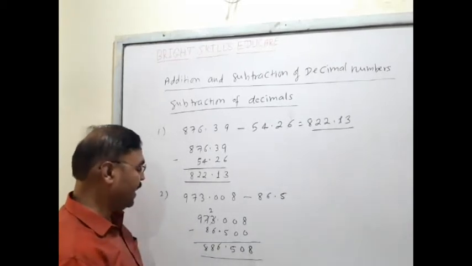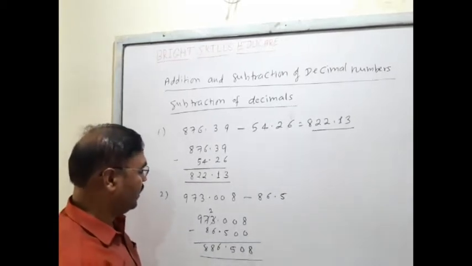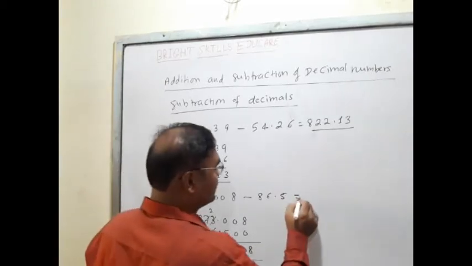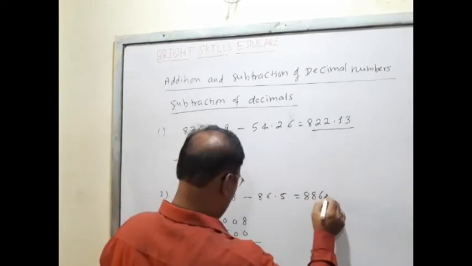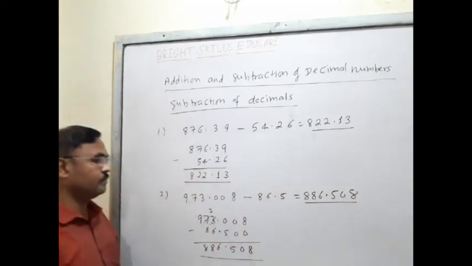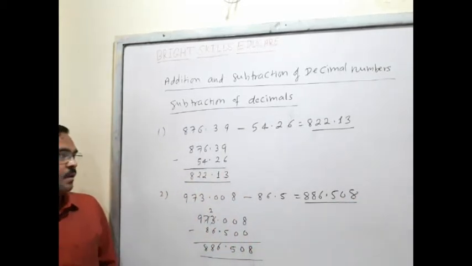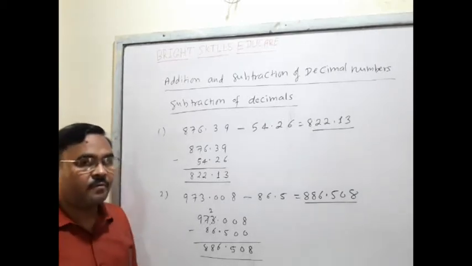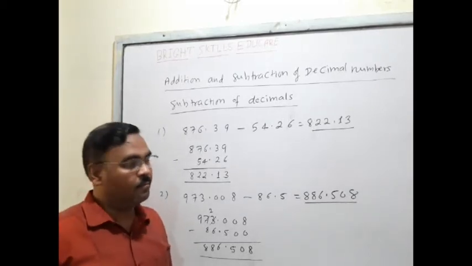So it is 886.508. This is your answer. This is the subtraction of decimal numbers.